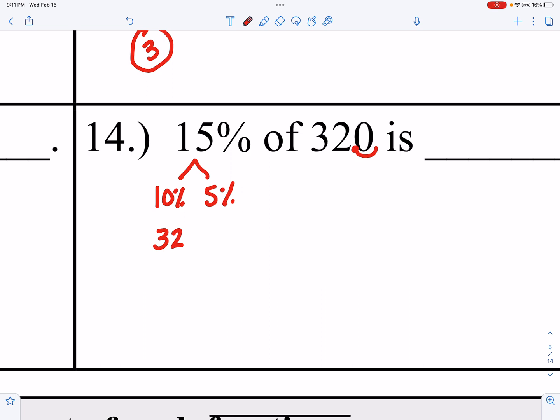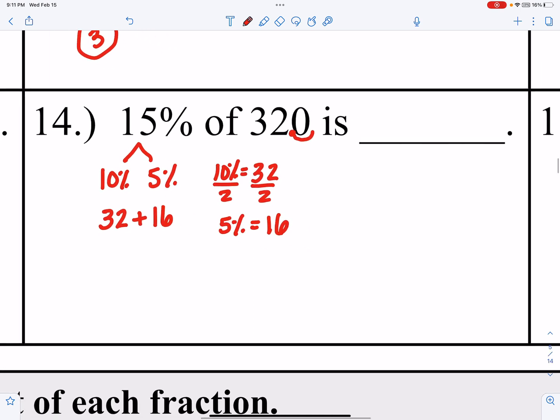And if 10% equals 32, divide by 2, we have 5% equals, let's think, 15 plus 15 is 30, but I have to account for that extra 2, so we have 16. And so we just add the 10% of 320 and the 5% and join them together, and you have 32 plus 16, and you end up with 48.